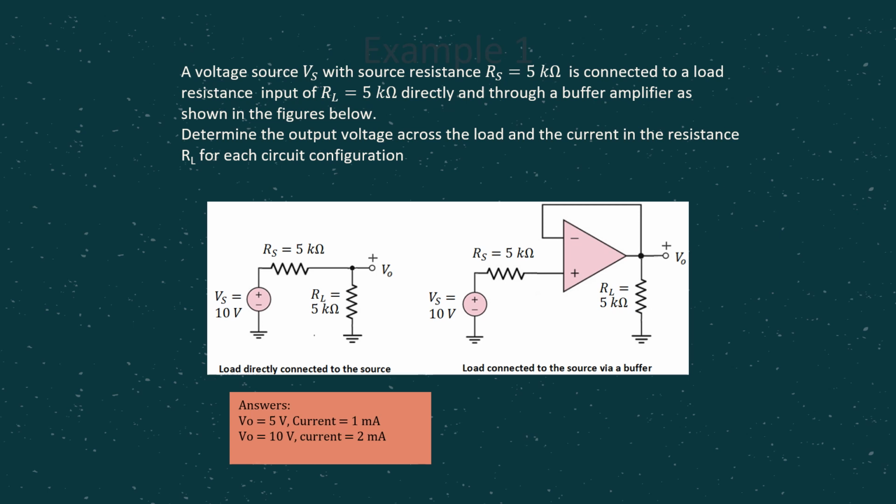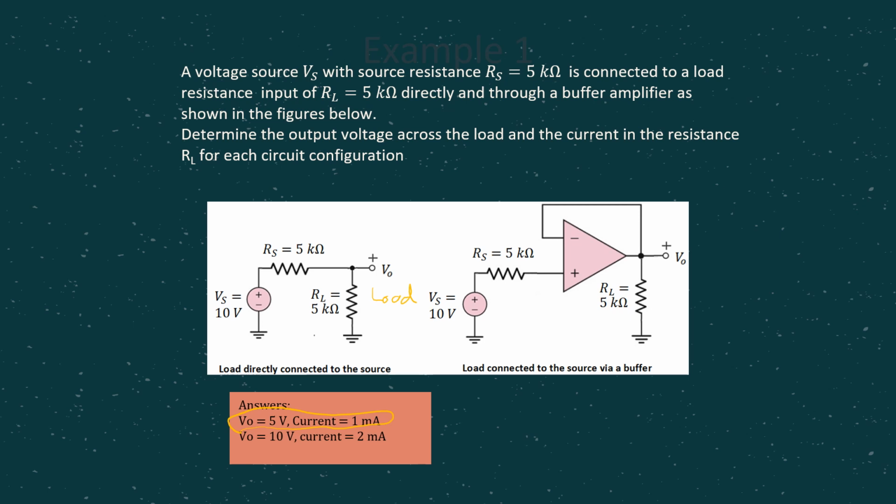So if you consider this load which is connected directly to the source, in this case this is the load here, if you do the calculation using the voltage divider, you are going to get V0 here equals 5 volt, and current is 1 milliampere. You try to calculate later. And then if you are using a buffer amplifier, you just insert a buffer amplifier just before the load.